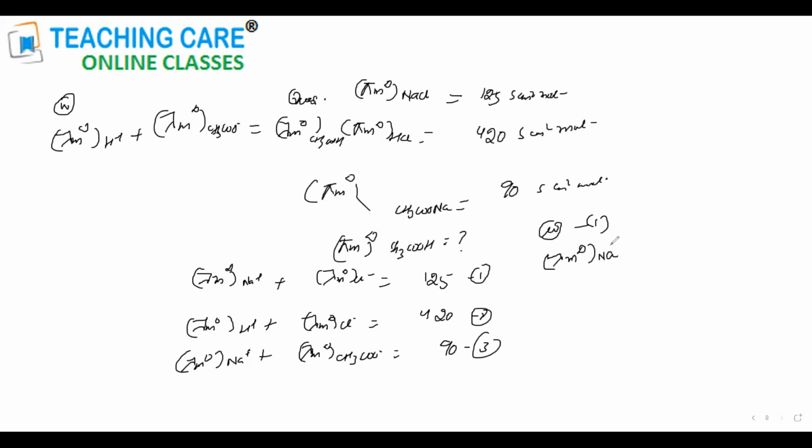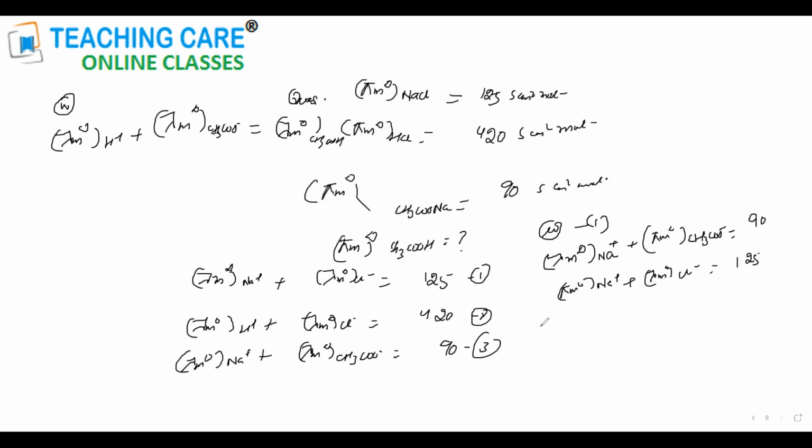CH3COO minus plus Na plus is 90, minus Na plus plus Cl minus, which is 125.